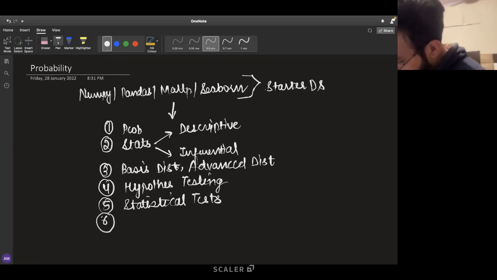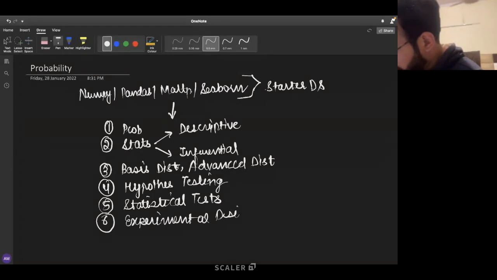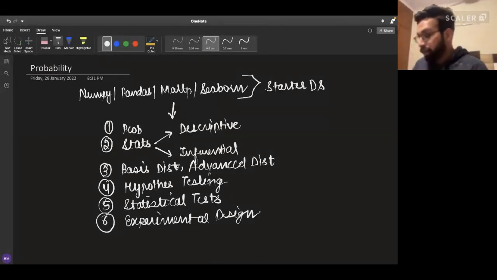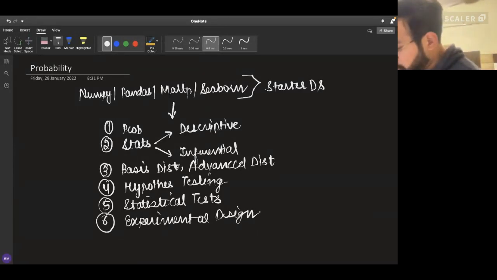We may briefly cover experimental design, although we'll cover this topic later after we are done with machine learning, but we'll give a brief intro to this. And this is going to give you a good background to do data science in a much better fashion.